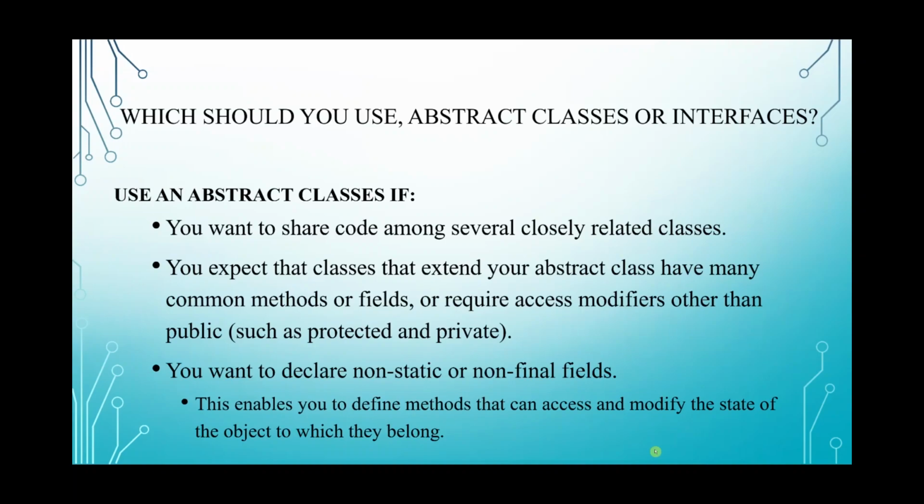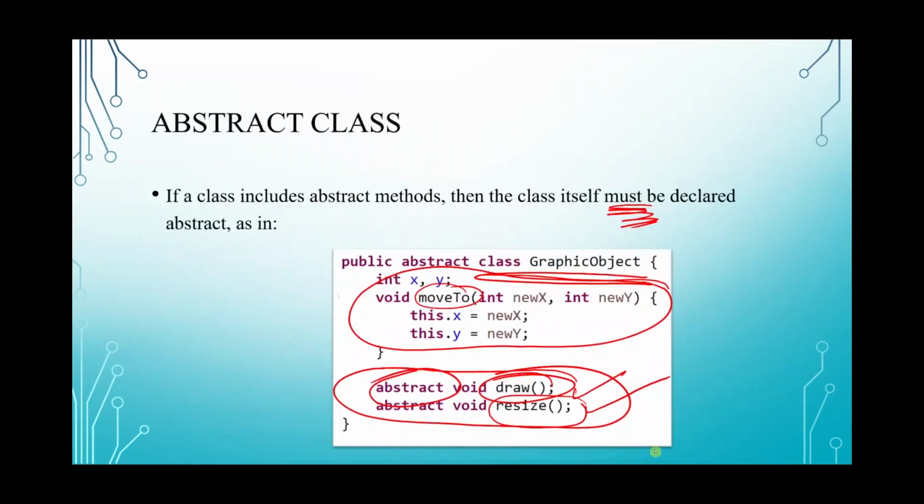You can use abstract class if you want to share code among several closely related classes. You expect that the classes you're extending are actually related, and that the classes that extend your abstract classes have common methods or fields or require the same implementation of the same method, and this is proved in here.